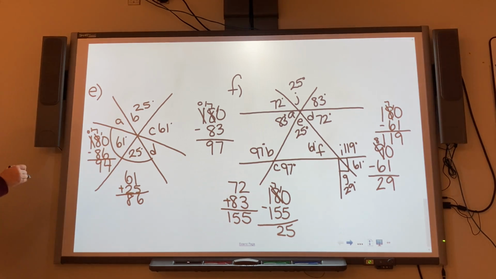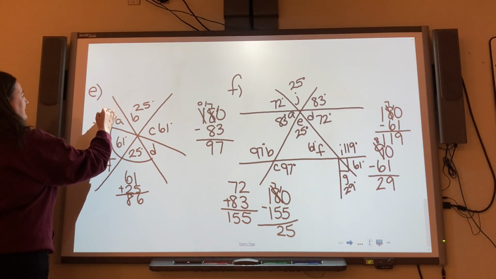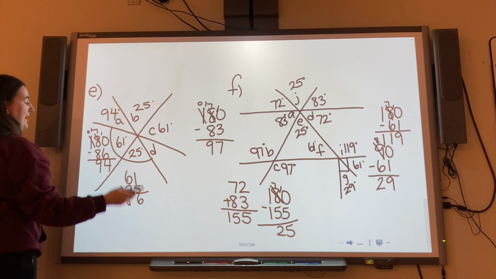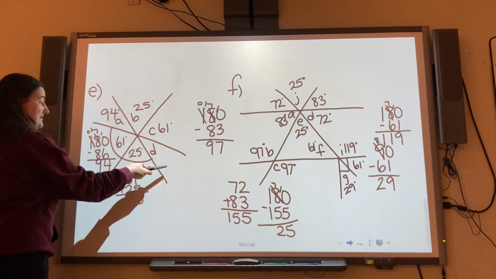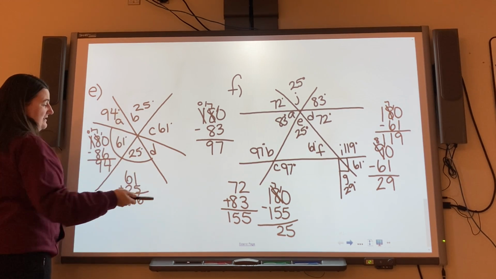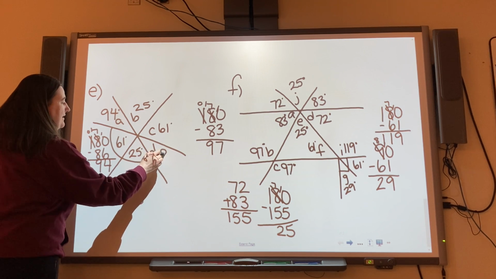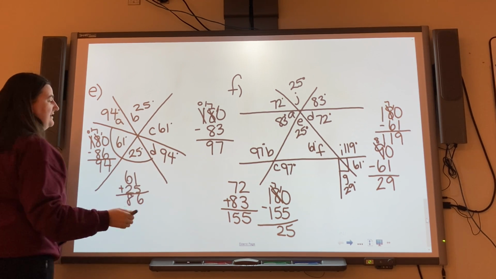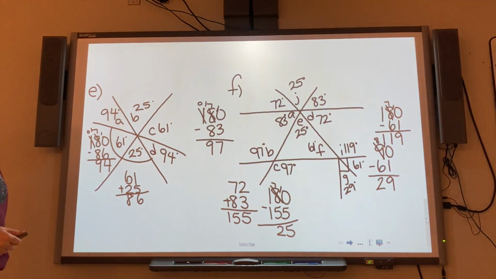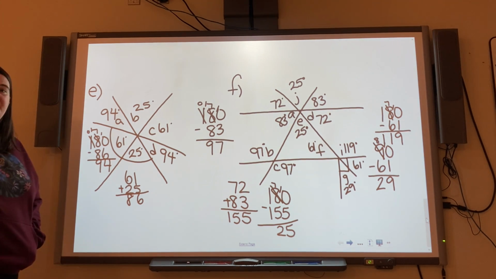So 94 degrees. And angle A is directly opposite to angle D. So now I know angle D is 94 degrees. And I figured it all out.